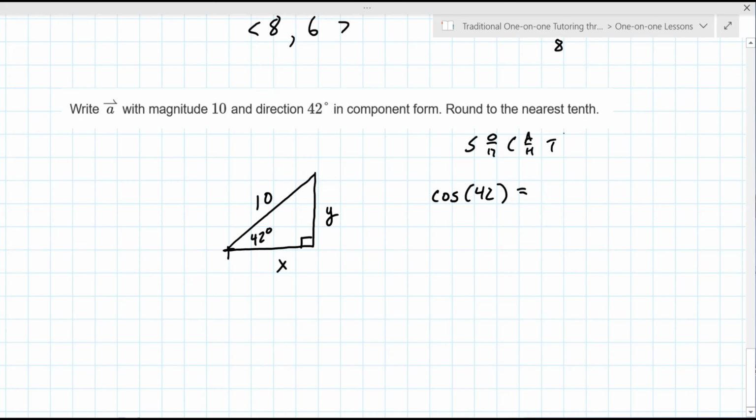Yeah. The SOHCAHTOA thing. So cosine is what over what? Adjacent over hypotenuse. Okay, so which is adjacent to the 42? X would be adjacent over 10. Okay. So can you solve for X here? Yes. X is 10 times the cosine of 42.